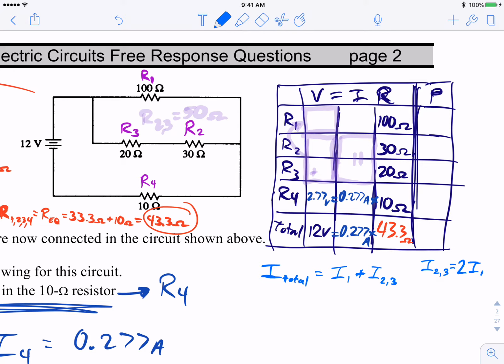This allows us to get rid of an unknown: since I23 is 2 times I1, we can put in 2 times I1 in its place. So we can say that I total is equal to I1 plus 2 times I1.